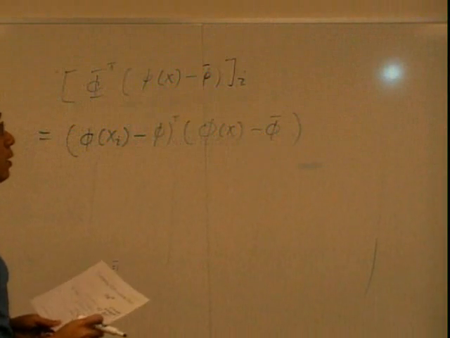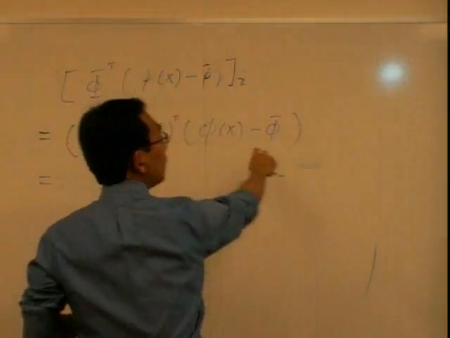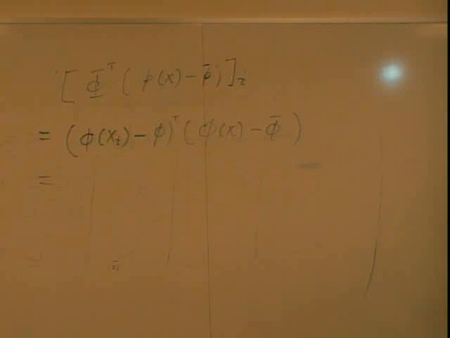Right? And you multiply the four terms separately. It's equal to 1, 2, 3, 4. Okay?